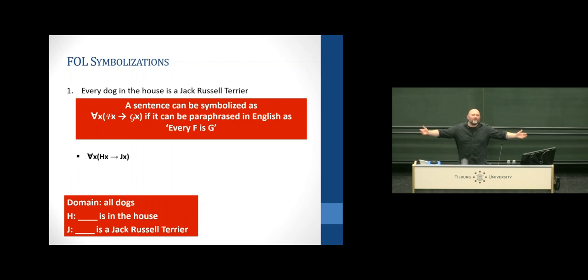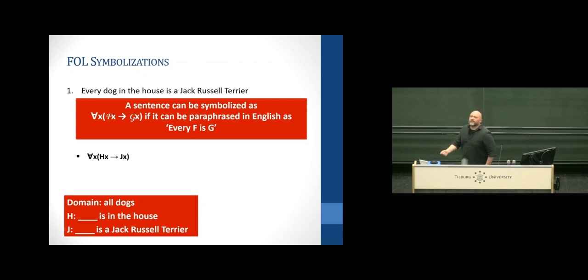All men are mortal. Remember from way back at the beginning of the lecture, all men are mortal. Is being a man the only way to be mortal? Pretty sure that's not true. And I'm also pretty sure that not everything is a man and is mortal. So there's our first one.